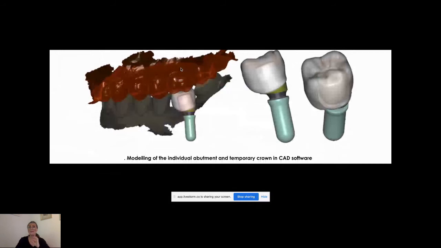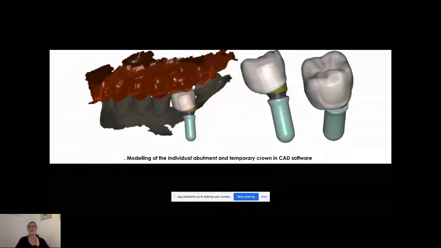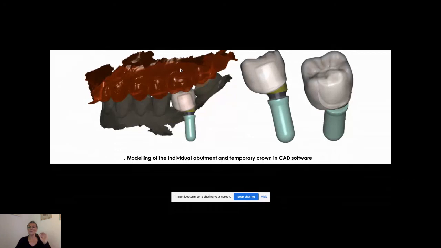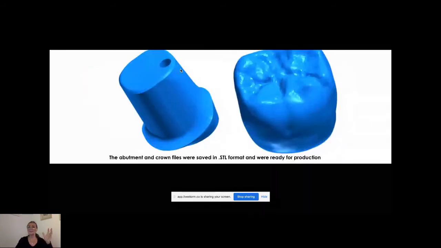We realized that when we scan the provisional abutment over an implant, this data is saved as an STL format in the memory of this technology.